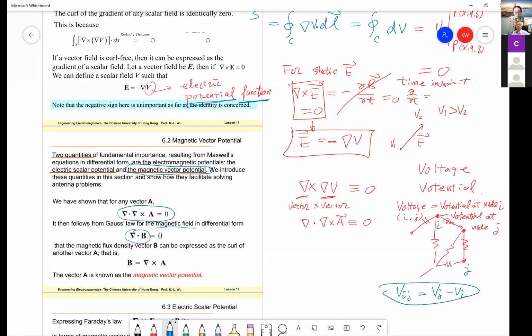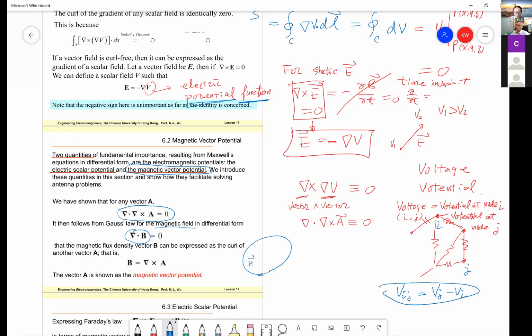That means there's no magnetic charge. So any magnetic field line, the ending point and the beginning point must be connected.